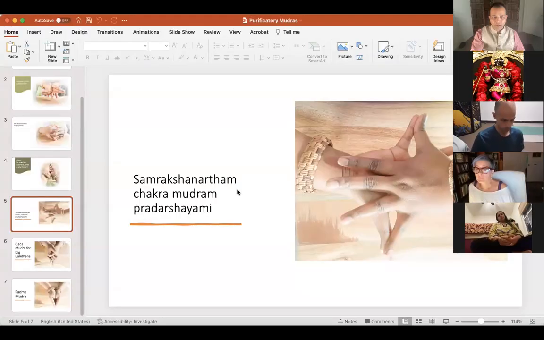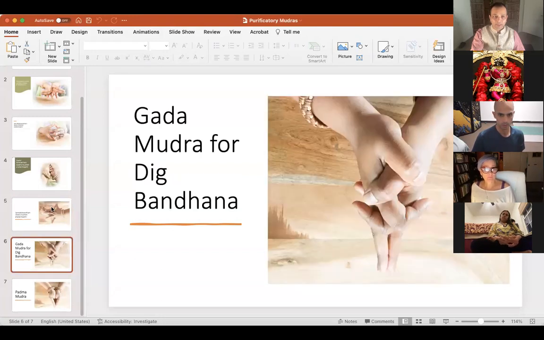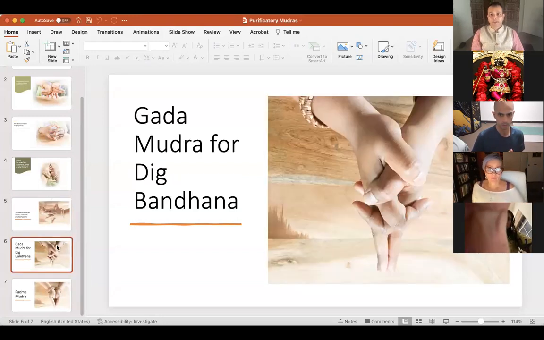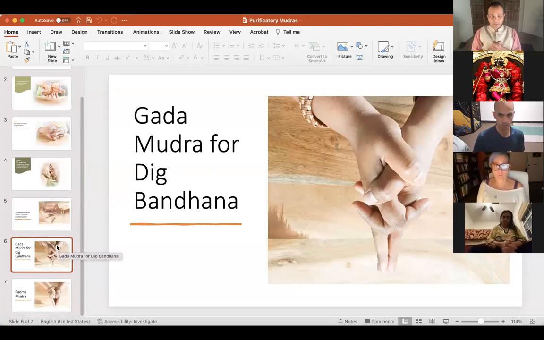Both are easy. I don't think anybody will have difficulty with this. Dhyana Mudra, yes. Surabhi Mudra is always a little confusing. So we had Samrakshanartham Chakra Mudram Pradarshayami. Next is Gada. Now we are in Gada. Gada is also very easy.